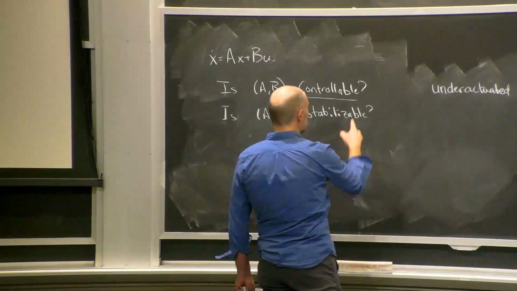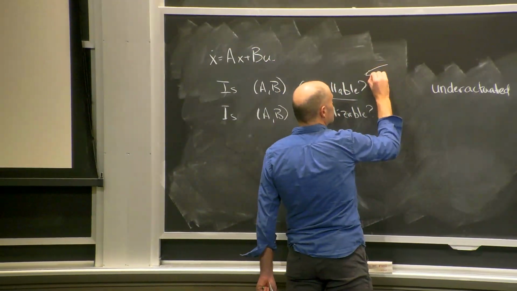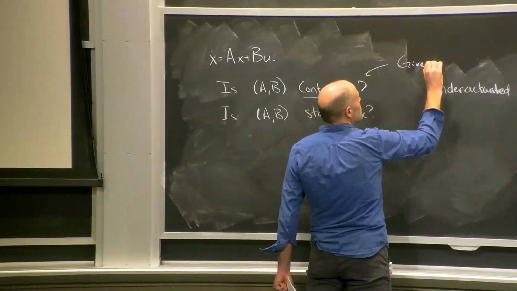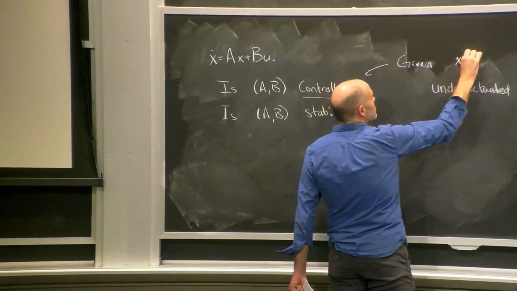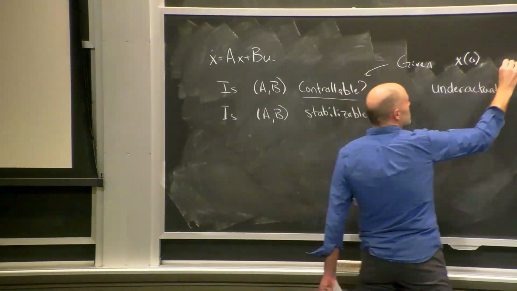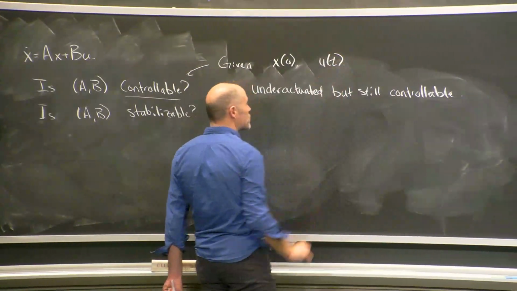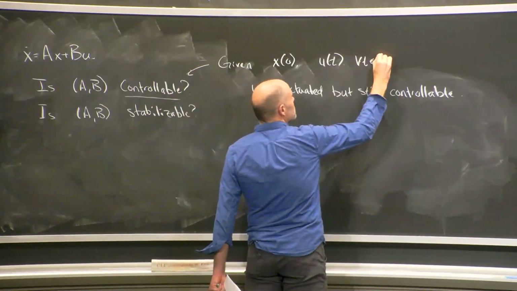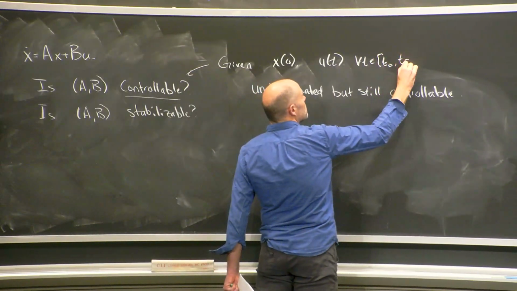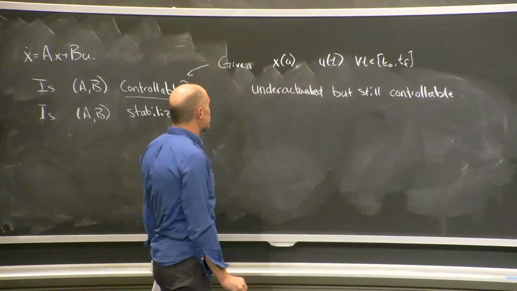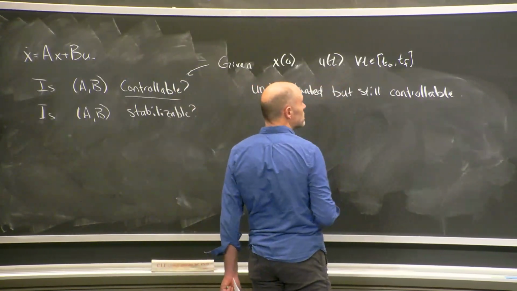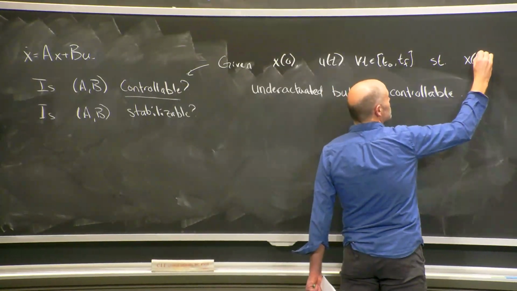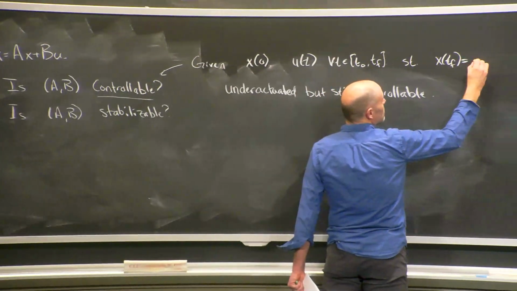So what does controllable mean? Controllable means given some x at time 0, some u trajectory that's going to be defined over a finite window, t0 to t final, can I find some u such that x at time t final is 0?